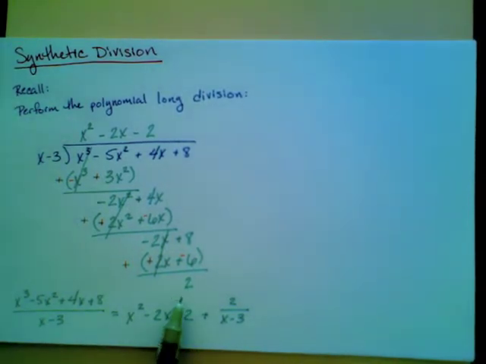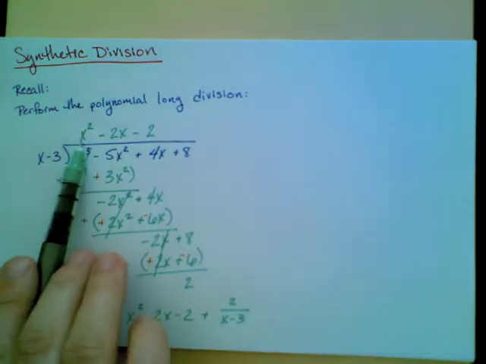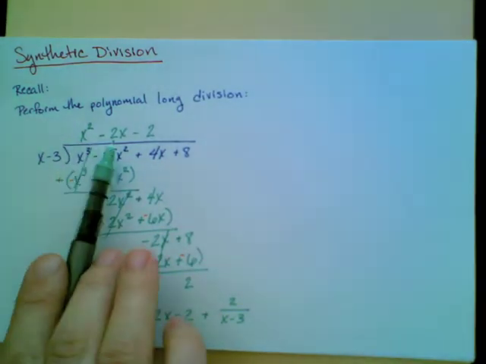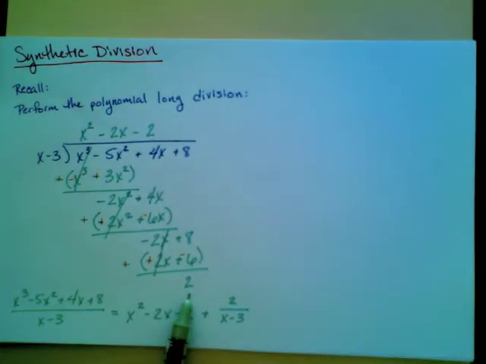You do need to be aware that that 2 is called a remainder. And you need to be able to answer in both ways: a quotient of x squared minus 2x minus 2 with a remainder of 2, or x squared minus 2x minus 2 plus 2 over x minus 3.